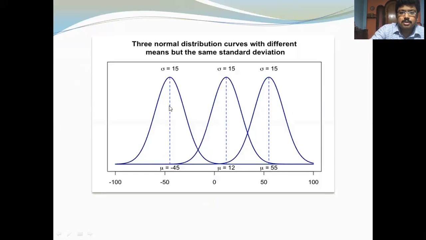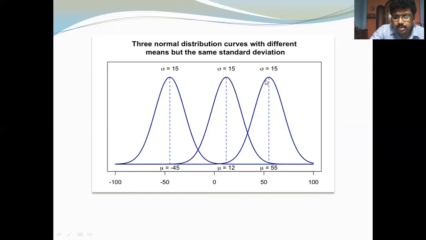Now, there are three normal distribution curves, 1, 2, and 3, with different means. If you have a closer look, you can find that the means are different. Here the mean is minus 45. Here the mean is 12. Here the mean is 55.